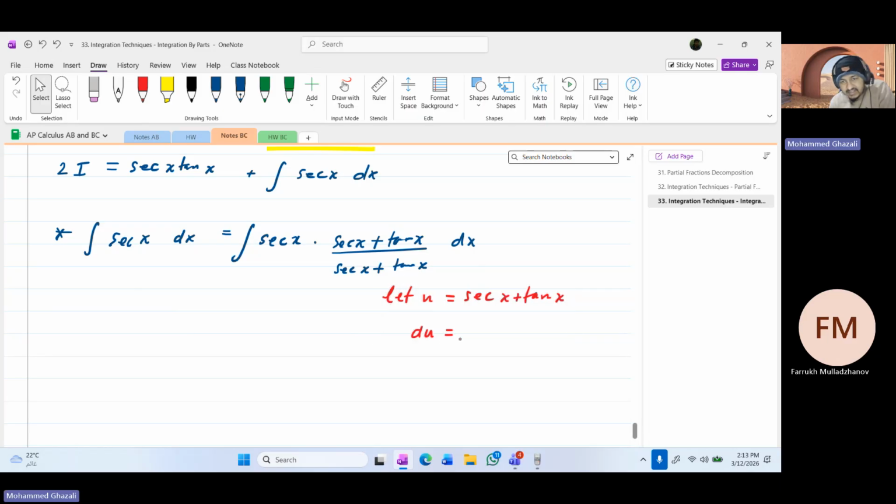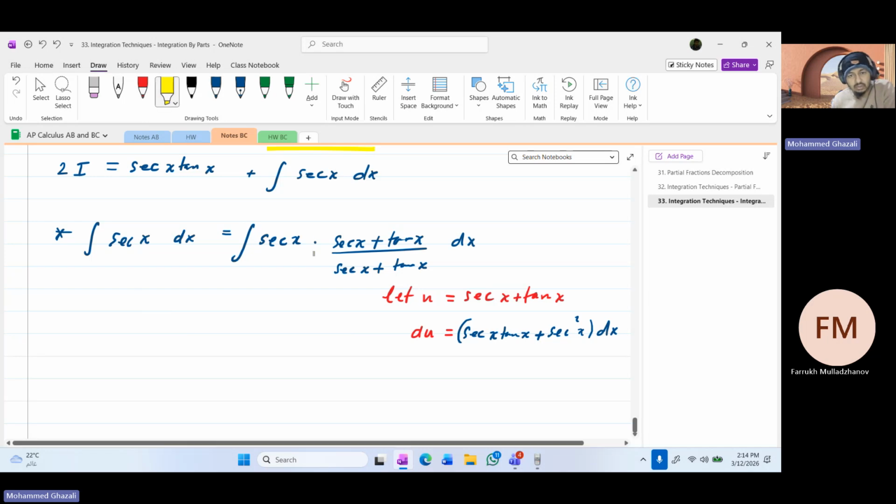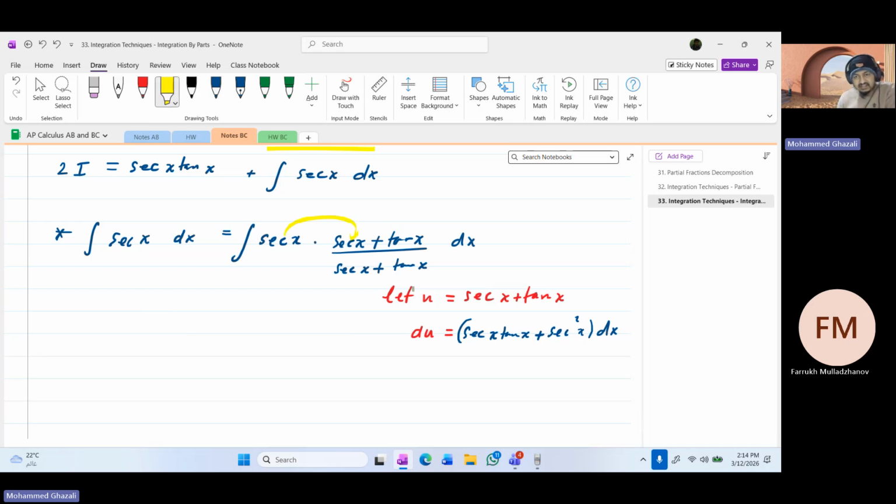The derivative of sec x is sec x tan x, plus the derivative of tan, which is sec squared x, and then dx. Do we have that? Yes, we do. We have sec x times sec x, which is sec squared x. Remember, we can factor this out and make it look like the numerator.